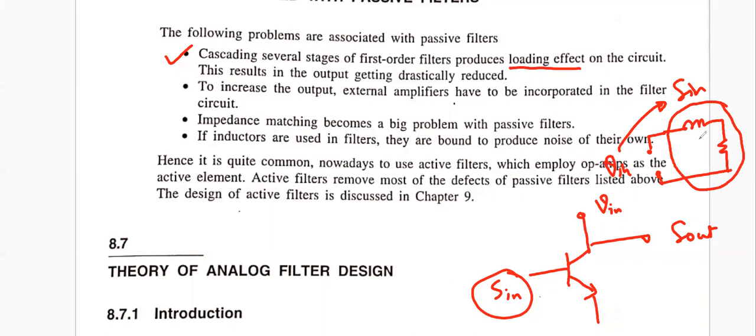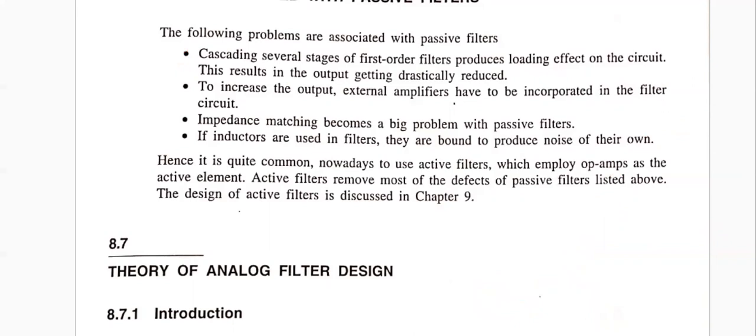It consumes the signal and drops the signal as a whole. That is why it is not a good idea to use passive elements. To increase the output, external amplifiers have to be incorporated in the filter circuit.